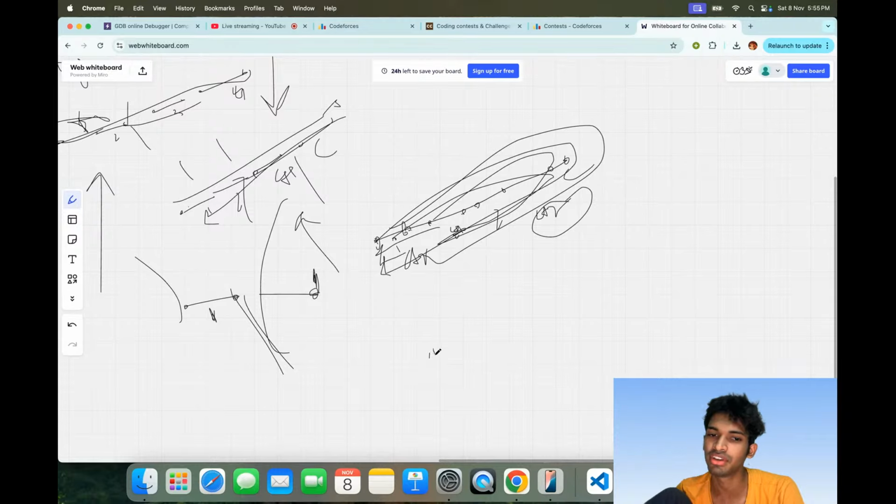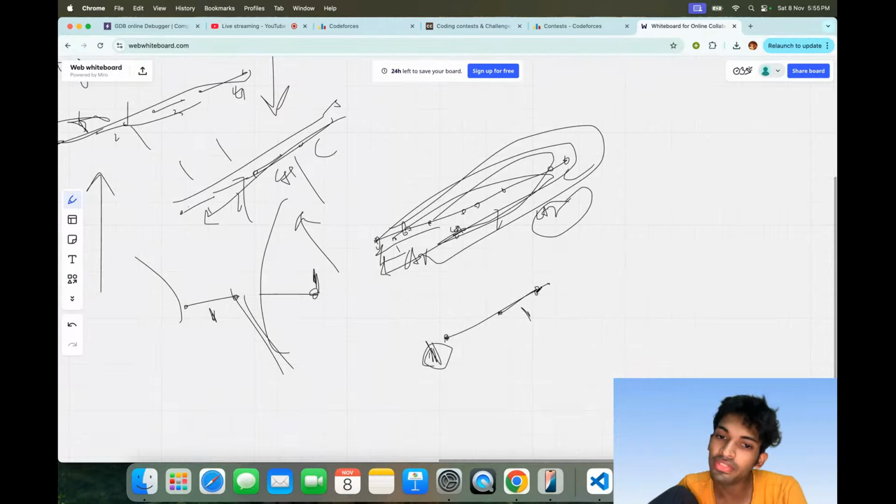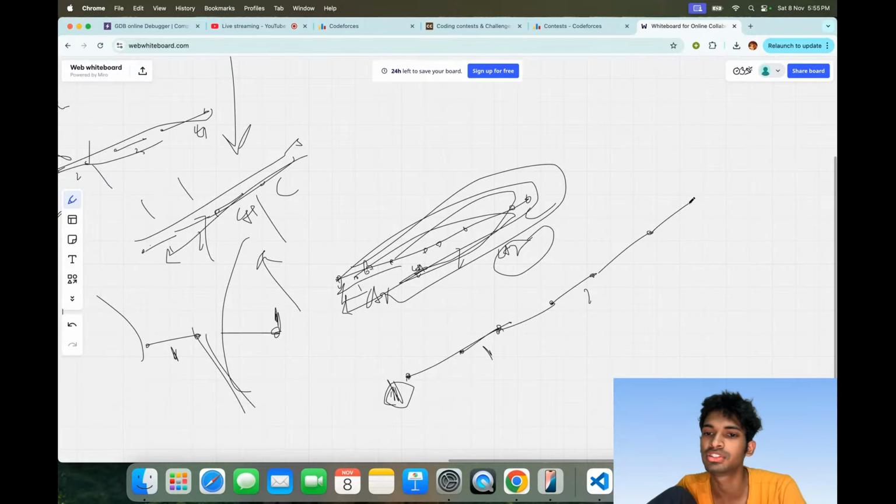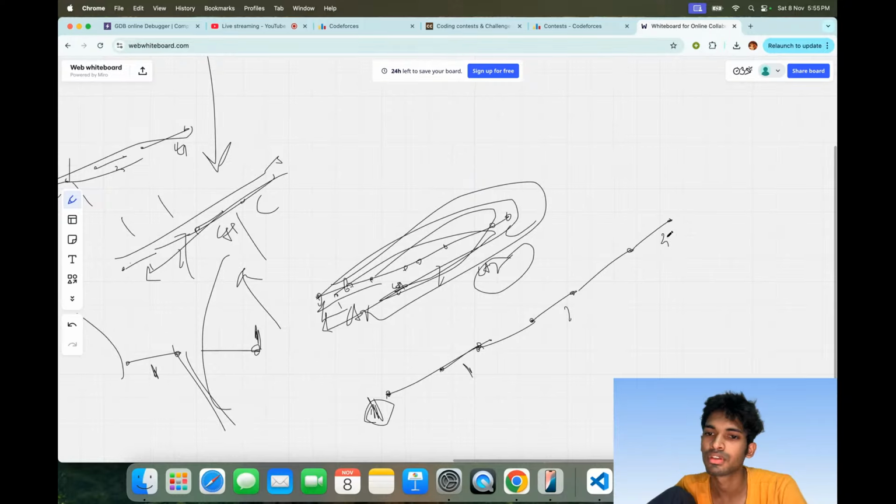So you have 1 somewhere here, okay, the start, and from the start at some point you cross the node 1, the edge 1, and then you cross the edge 2, and then you cross the edge 3, okay.